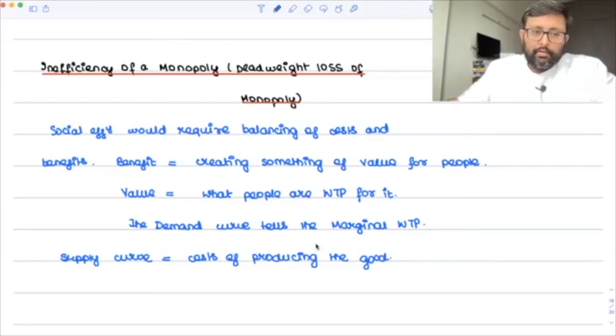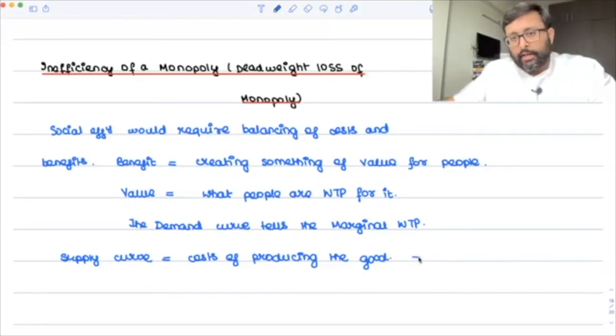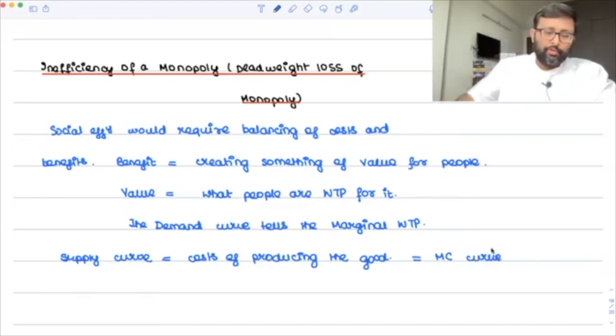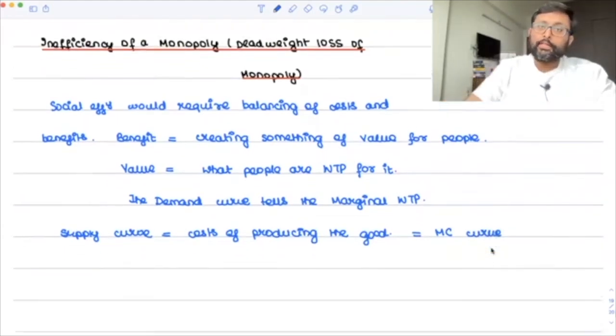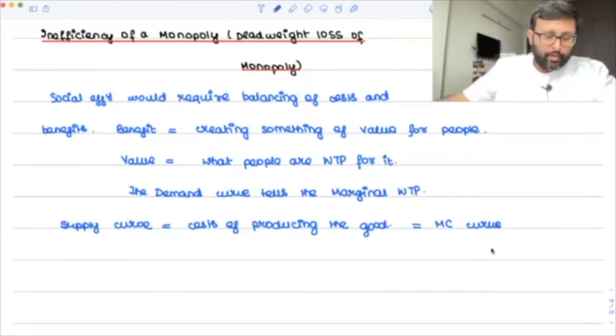And for the monopolist case, the industry supply curve is the marginal cost curve of the firm, right? So this is basically the MC curve. So where the marginal willingness to pay is equal to the marginal cost, that is the efficient level of output.